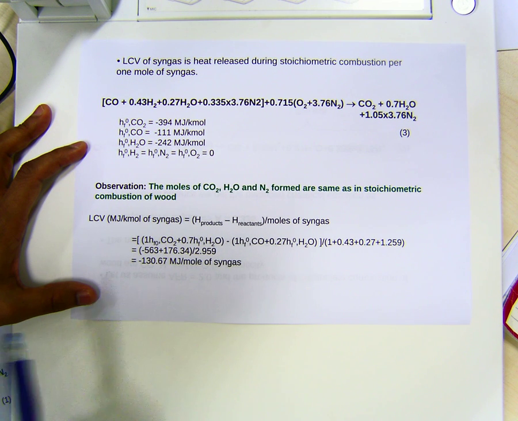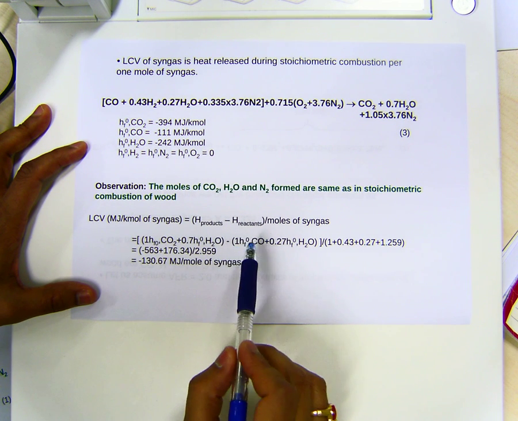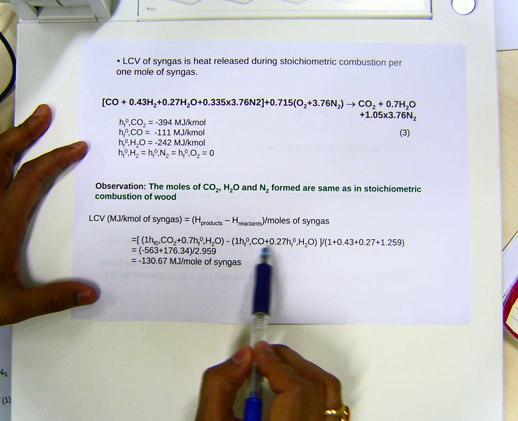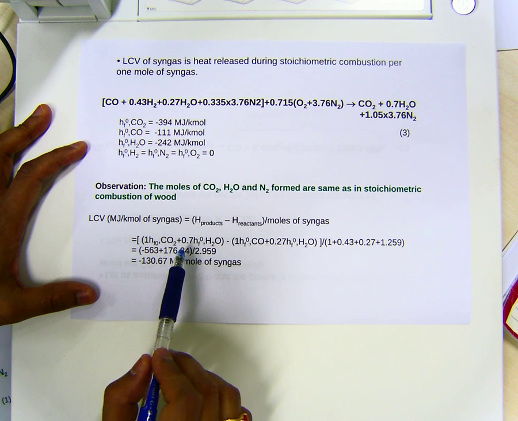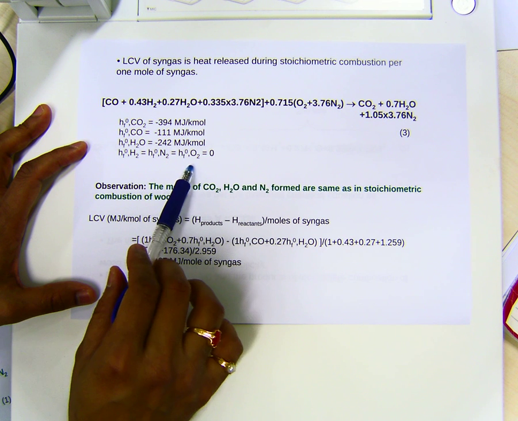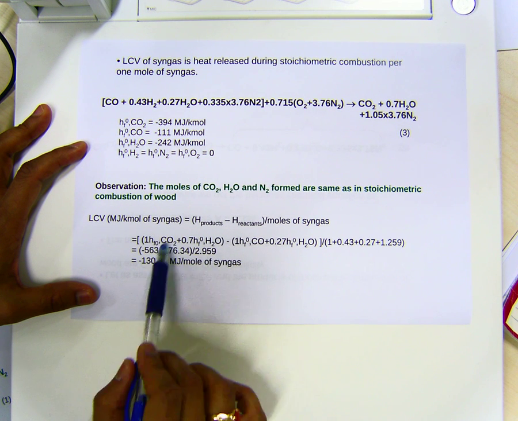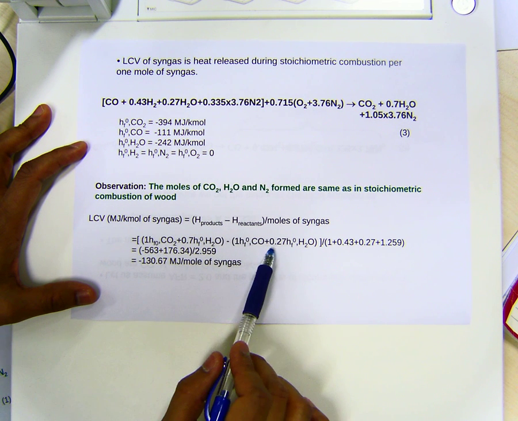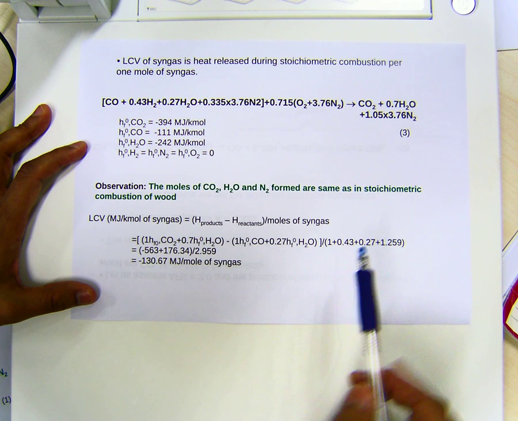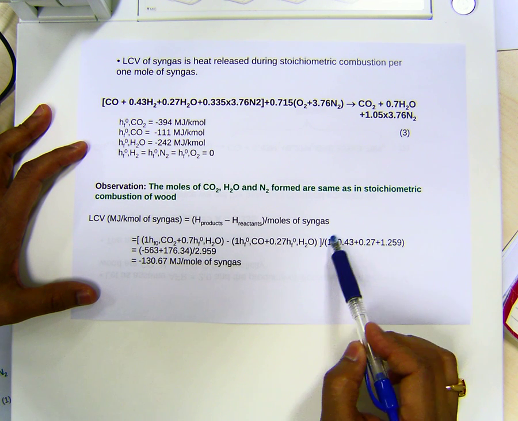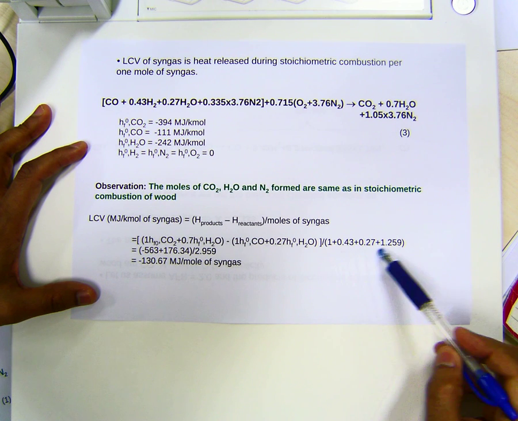In the same way, we need to get the enthalpy of reactants. Here, as heats of formation of hydrogen, nitrogen, and oxygen are zeros, I have not included those terms in the calculations. Then, the enthalpy of products minus the enthalpy of reactants is divided by the number of moles of syngas.